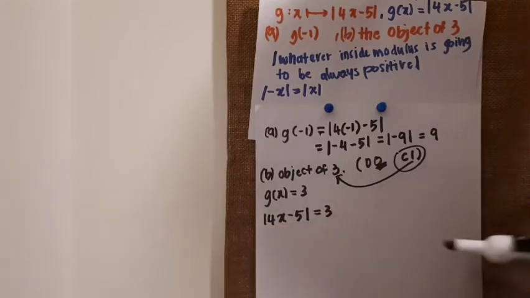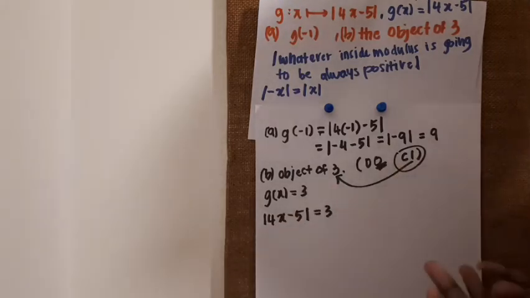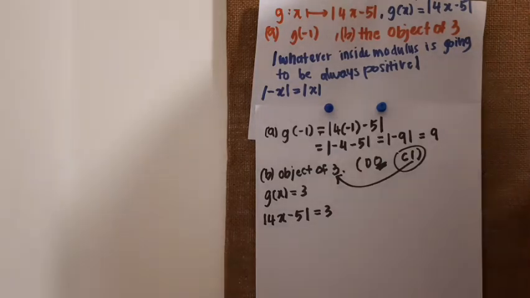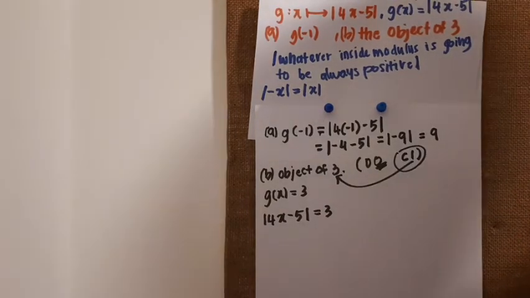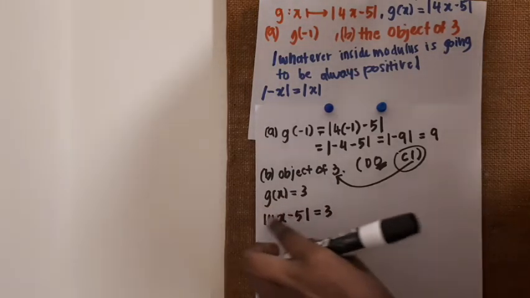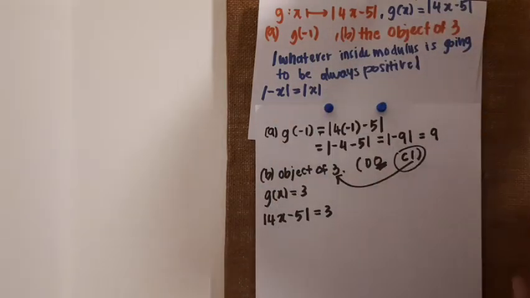Okay, you can always calculate. Now, as we already know that modulus always gives a positive answer, this 3 is actually positive. But now we have to remember that this modulus makes any positive or negative number become positive.